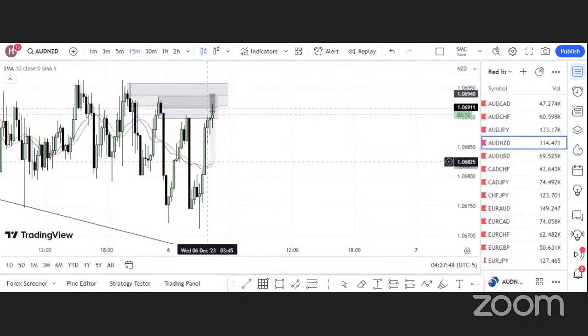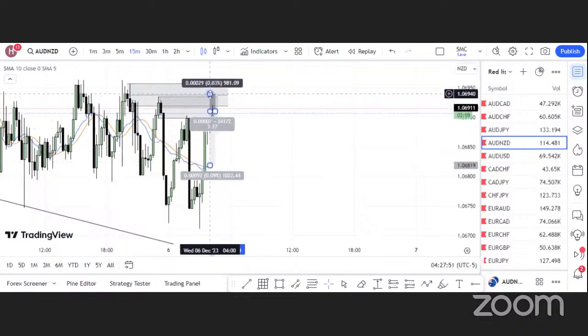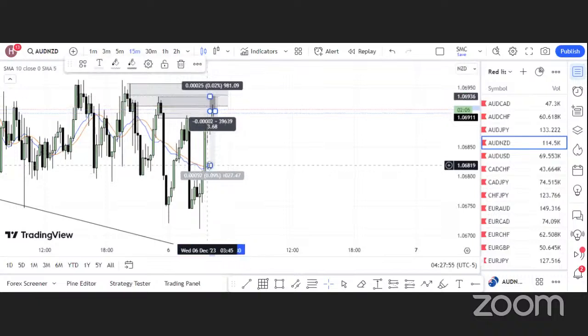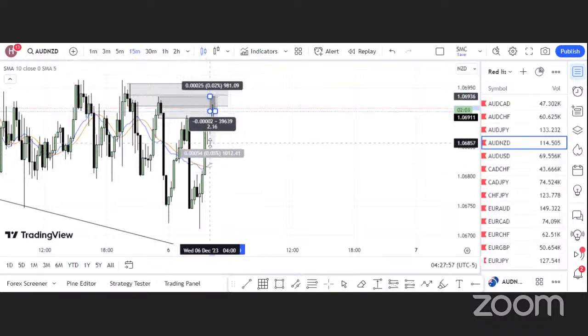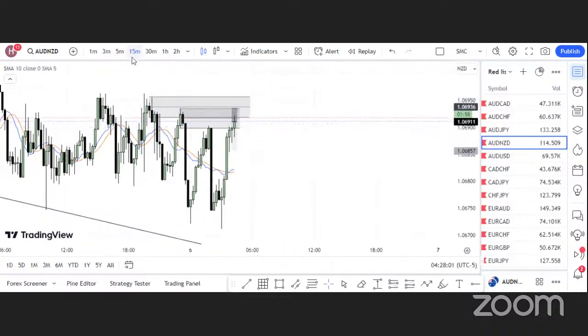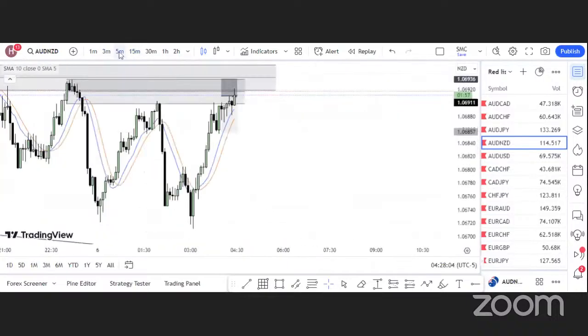So let's see how this market is going to close. If it closes in our favor, then guys, we may likely take a trade here with a stop loss and a take profit. Okay. Most likely, I'm going to share a trade with stop loss and take profit with you guys.